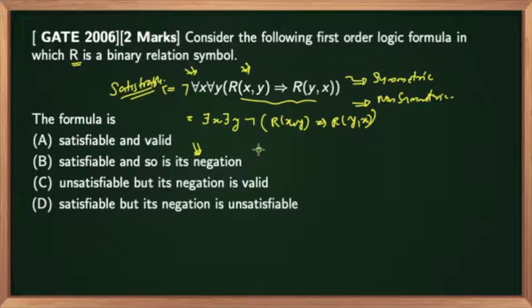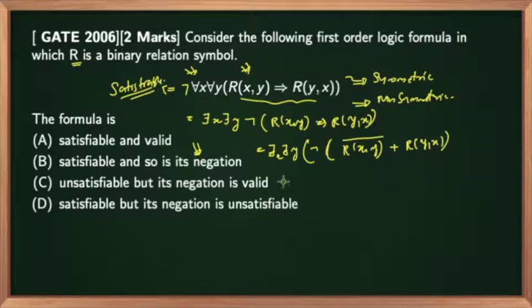Or if you want, you can again take the complement inside, so that there exists an x, there exists a y, and r of x comma y implies r of y comma x means that it is equal to r of x comma y complement plus r of y comma x.